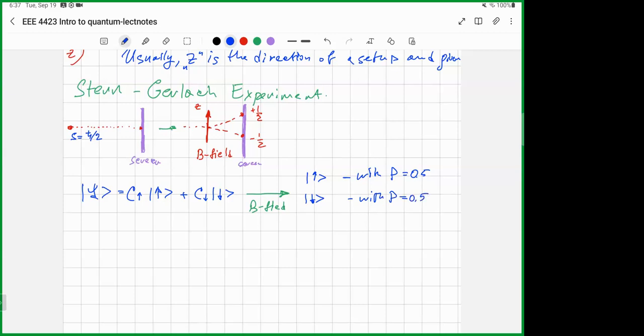And probabilities, of course, are given by these coefficients. So C up modulus squared is equal to 0.5, and C down squared is also 0.5.